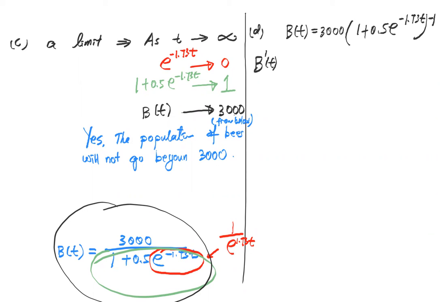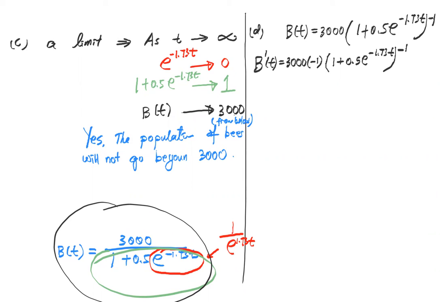So B prime t is 3000 multiplied by the power, copy down the whole thing, power take away 1.